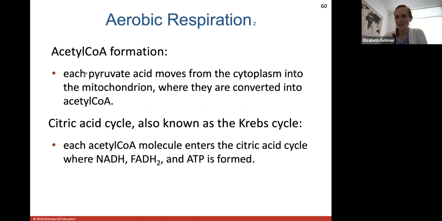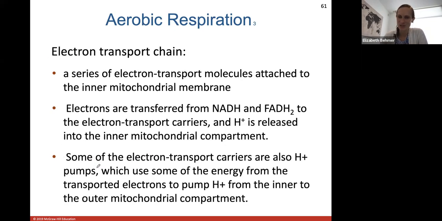Each pyruvic acid from glycolysis will form an acetyl-CoA, and an acetyl-CoA is a molecule that will go into the citric acid cycle, which is also known as the Krebs cycle. So acetyl-CoA will enter into the Krebs cycle, and then we'll produce more NADH and FADH. And these 2 molecules, again, will be really important because they're carrying electrons within their bonds, and they will be really important for the final step of aerobic respiration called the electron transport chain.